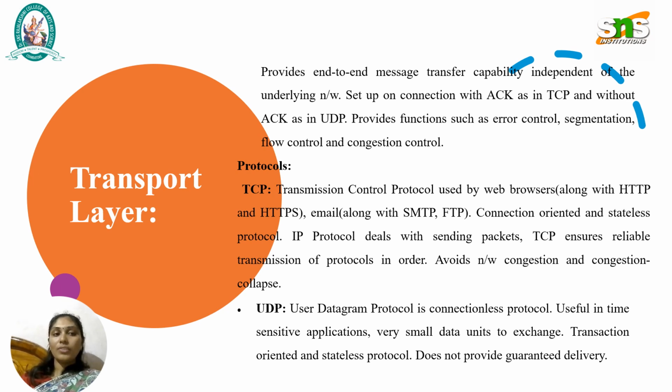After that, the transport layer transfers end-to-end messages from one network to the other, followed by TCP and UDP. With an internet connection, TCP is followed; without an internet connection, UDP is followed.